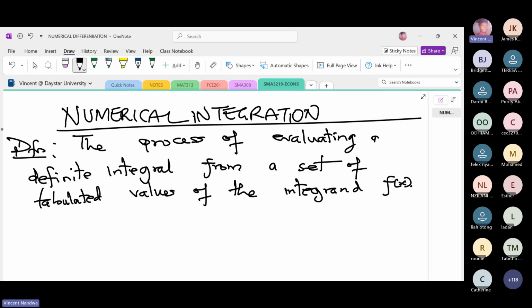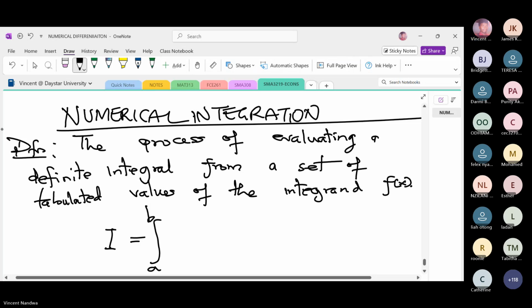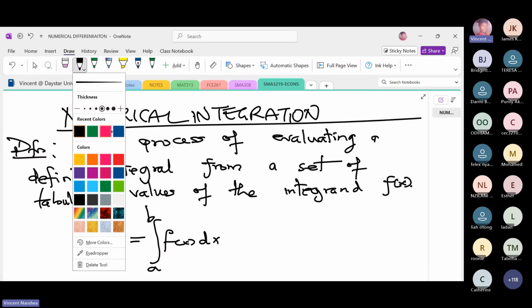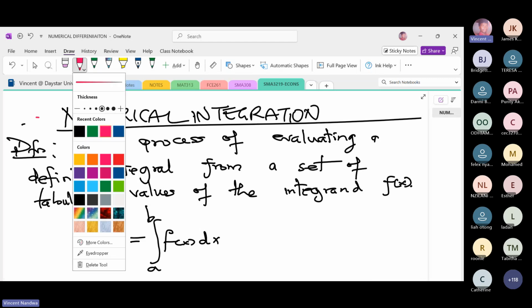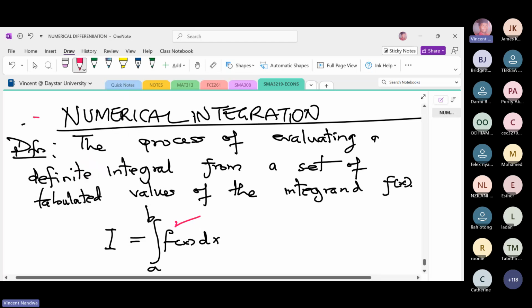So we'll have an integral, say I, from a to b of f of x dx. If you recall from your calculus, this function is what you call the integrand. So this f of x is what we are calling the integrand.